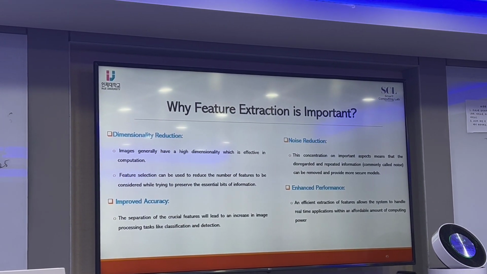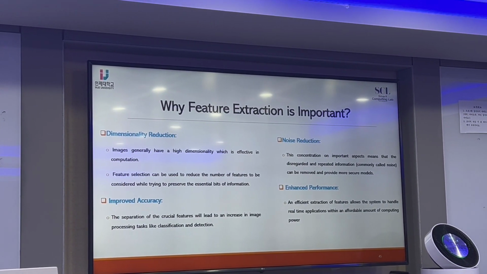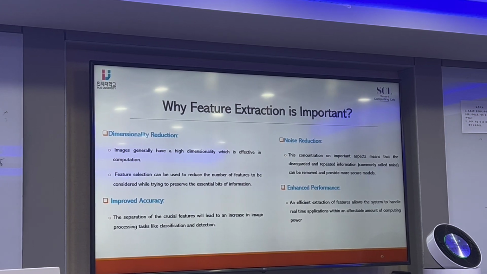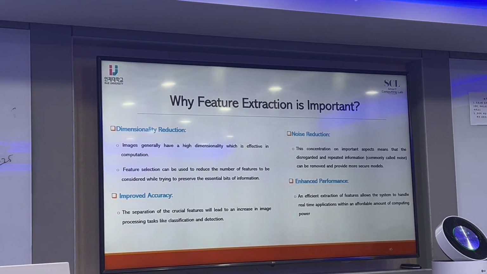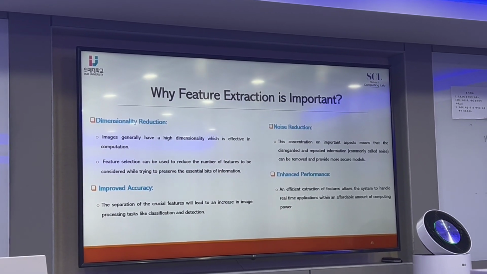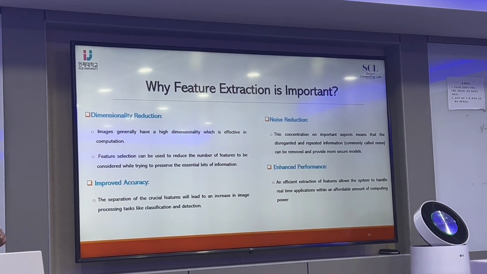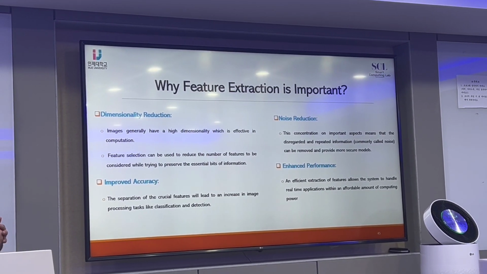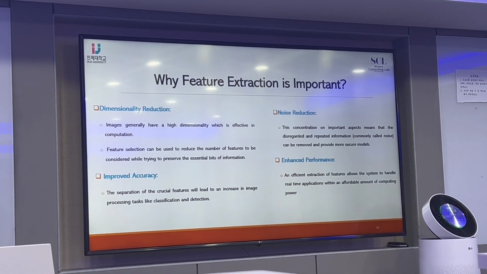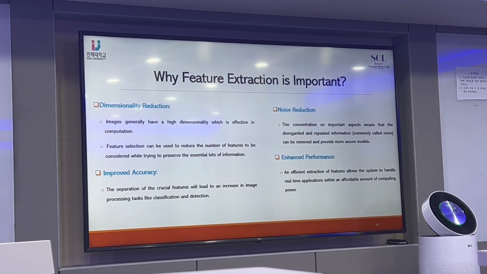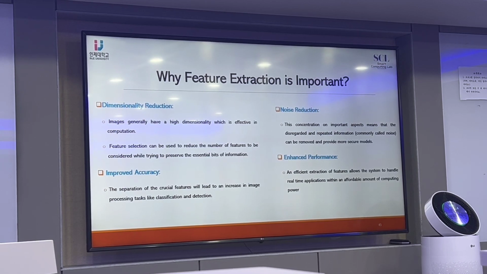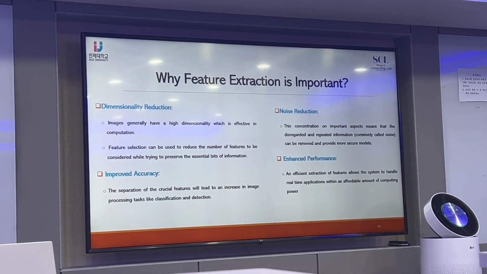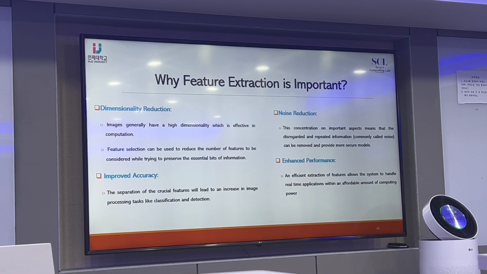So why is feature extraction important? Dimensionality reduction. For example, if you are using any neural network or deep neural network architecture, you extract so many features, hundreds and thousands of features. Sometimes all those features are not relevant, so dimensionality reduction is very important.